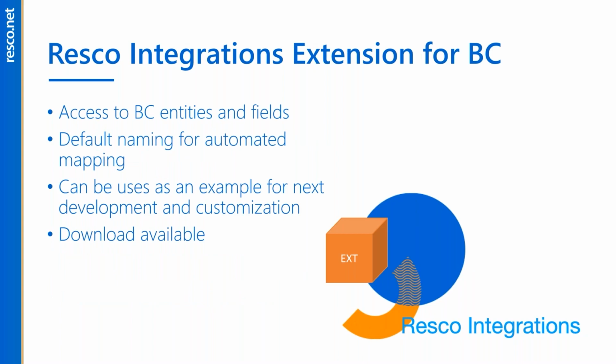First of all, what I would like to mention is the extension for Business Central, because if Resco is the place where you manage the integration completely, we need to have some doors to Business Central. And these doors are basically this extension.